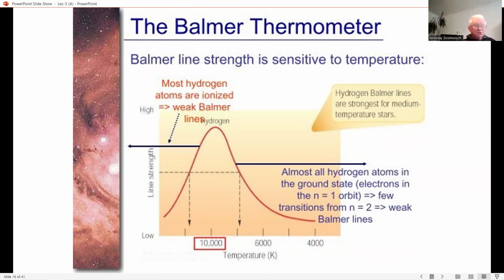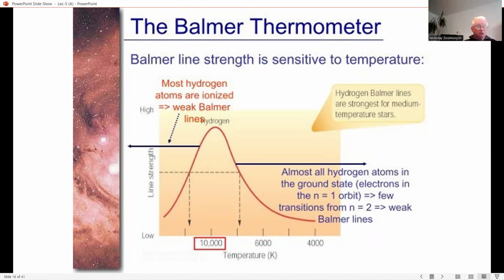Also, astronomers look at all of the spectral lines in a star's spectrum. The most important lines in this discussion are the Balmer lines of hydrogen. You can use the hydrogen Balmer lines in a star's spectrum like a thermometer. This Balmer thermometer works because the strength of the Balmer lines depends on the temperature of the star's surface layers.